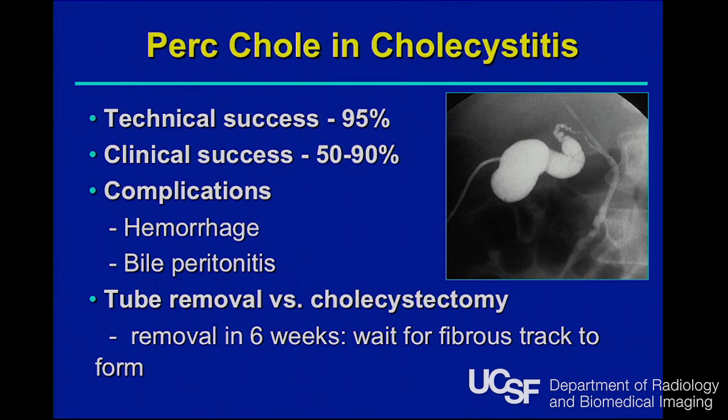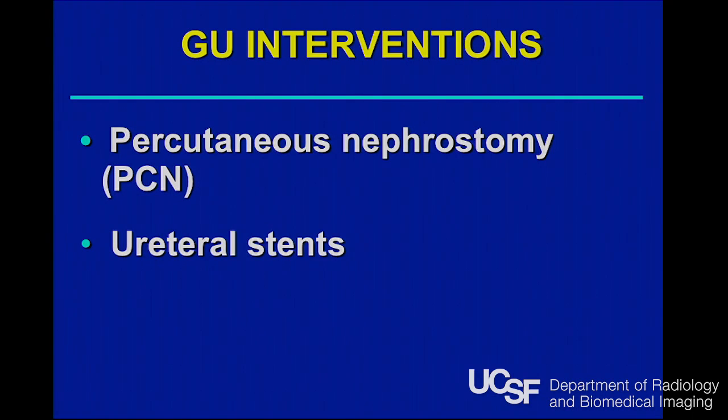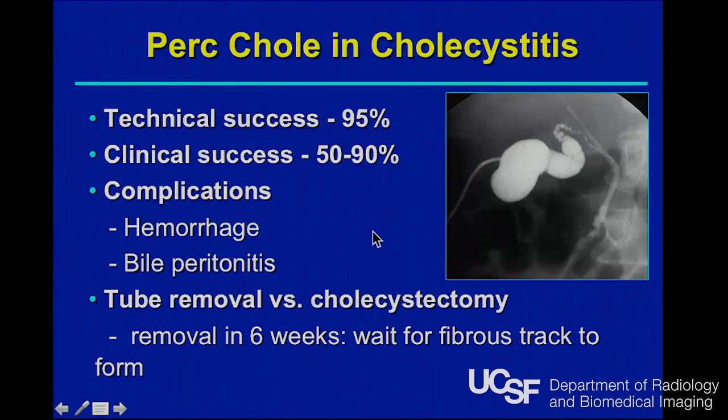And then the vast majority of the time you're going to achieve some form of clinical success in terms of relieving the symptoms of cholecystitis and improving the infection, if indeed that was the cause of the problem. One thing you have to do is you can't remove these tubes very quickly.